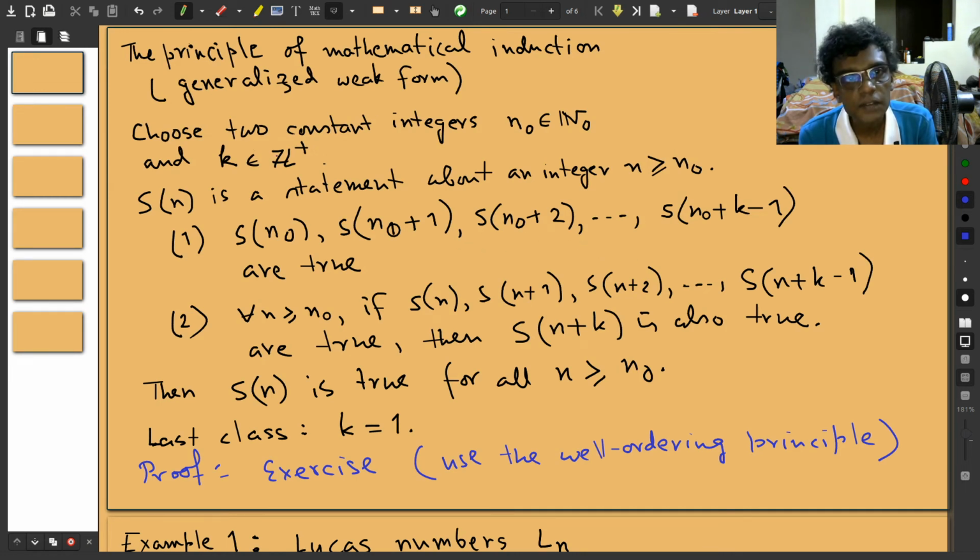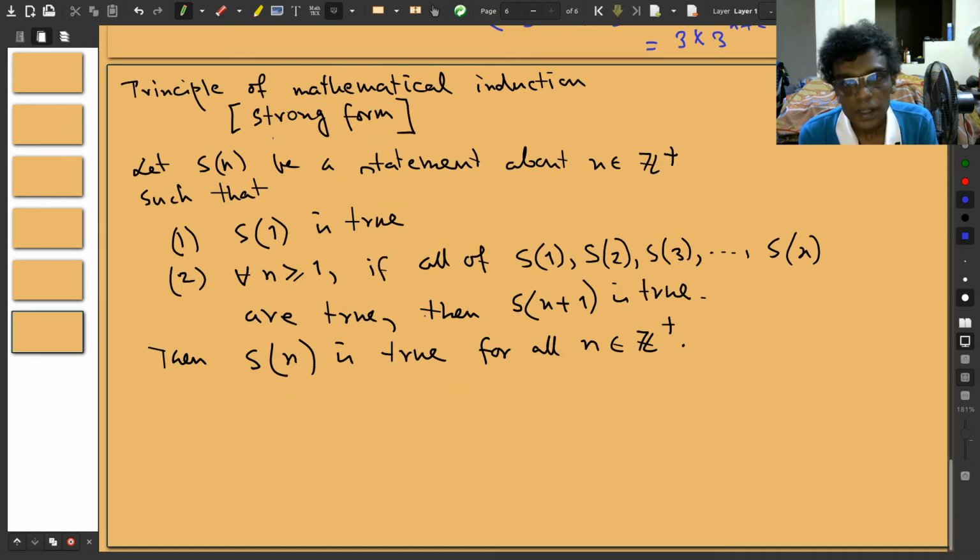But k is still a constant: 2, 3, 4, this kind of examples we have seen. But now I am assuming all of this S1, S2, S3 up to Sn are true, and then Sn plus 1 is true. So this assumption is very strong. That is why it is often called the strong form. And the proof, again, I leave it as an exercise.